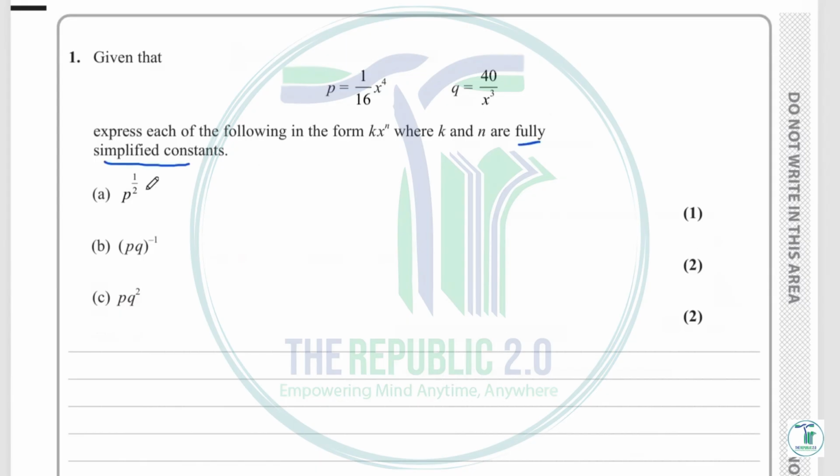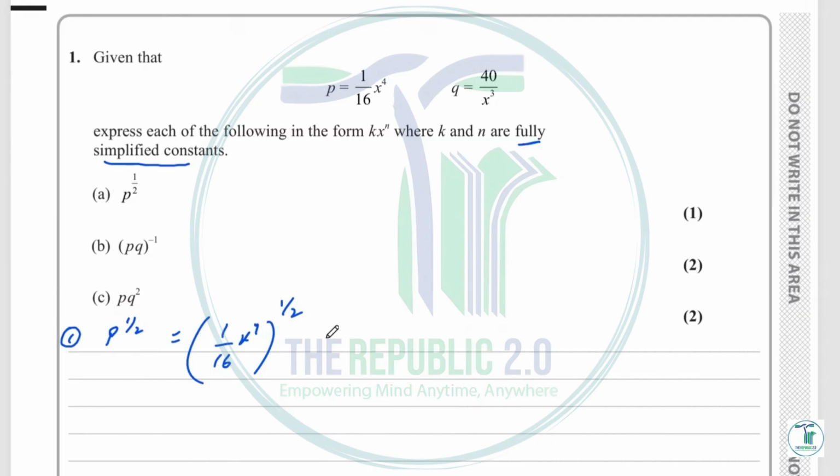So in question number 1, you have got p to the power of 1 by 2. I'm just going to plug in the value of p, and that is going to be 1 by 16 x to the power of 4, to the whole power of 1 by 2, right? This power 1 by 2 belongs to both 1 by 16 as well as x to the power of 4.